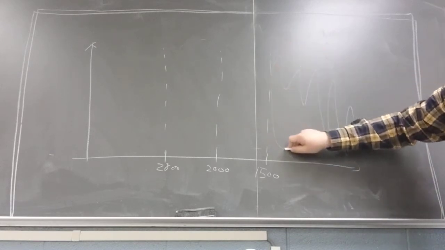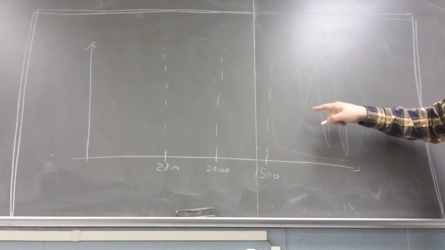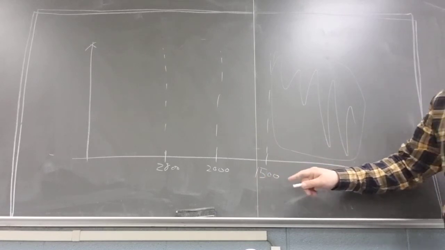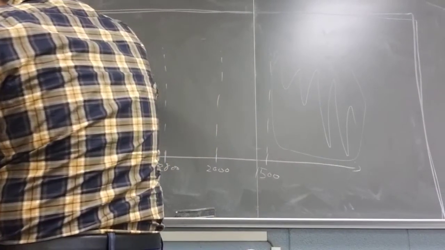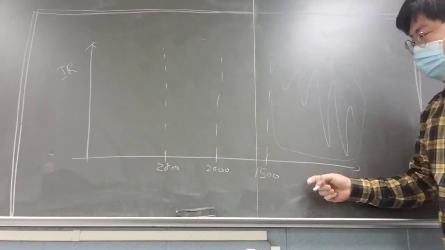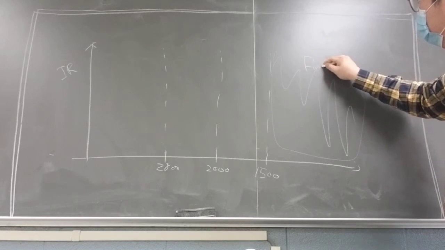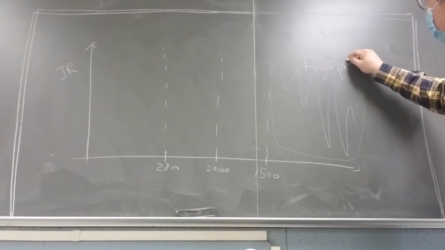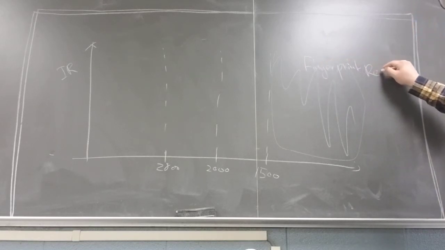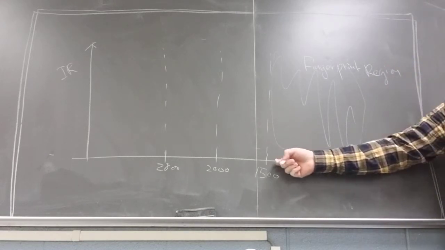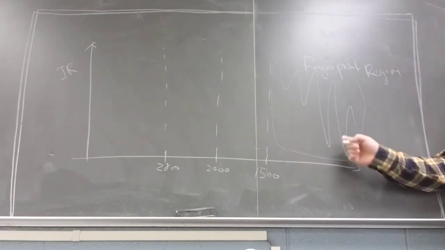This is the reason we call what? You guys remember this? The region below 1500 in the IR is the fingerprint region. So remember this one for the exam. Anything below 1500 is the fingerprint region.